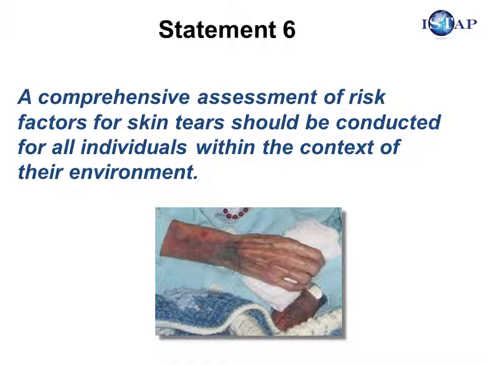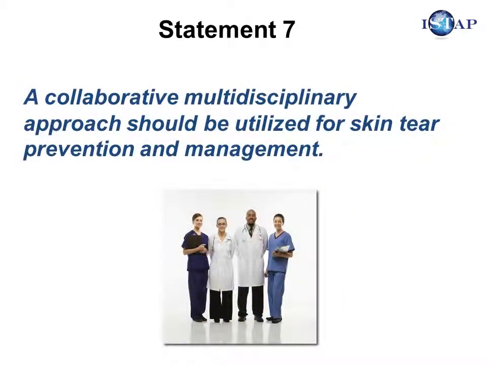But obviously the first step is that comprehensive assessment of the risk factors, not only in the individual but in the environment. A collaborative, multidisciplinary or interdisciplinary approach, once you've identified those risk factors, to look at prevention as well as management of those skin tears.